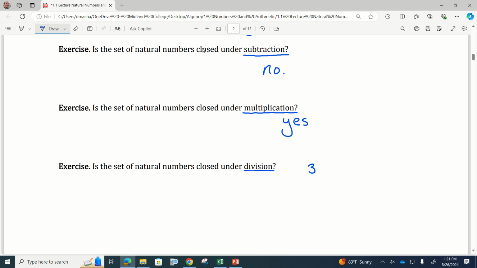If I say 3 divided by 5, this is not a natural number, right? And so the answer is no, we are not closed under division. Closed under division would mean you divide any two natural numbers, you get a natural number. That's not always the case. Okay.